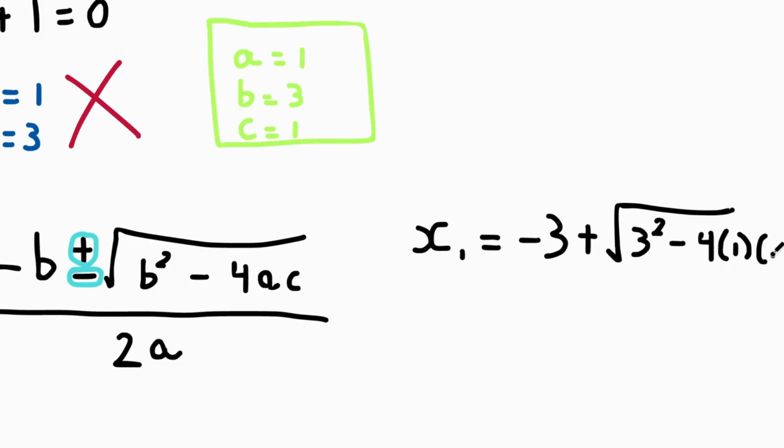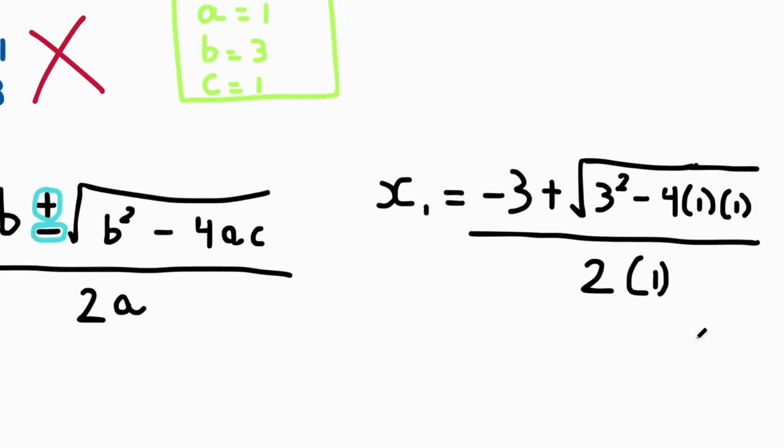Although, as you probably know, if you're doing this, you really don't have to write these ones out because they're pretty straightforward. Anything times 1 is what it originally was. Over 2 times 1. Again, you could just leave that as 2.